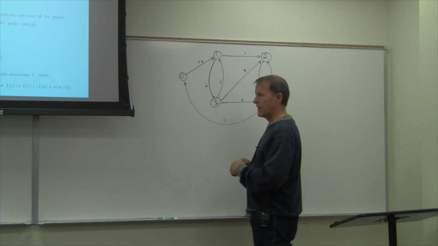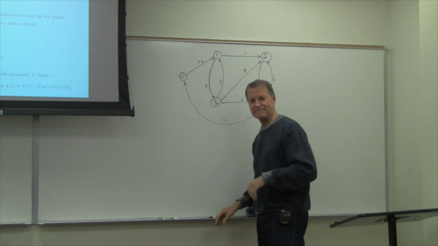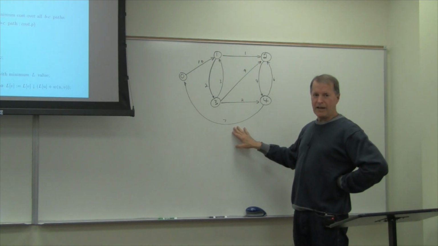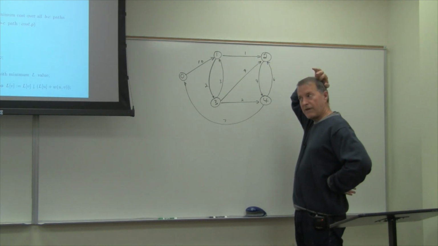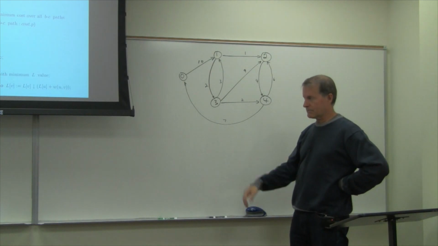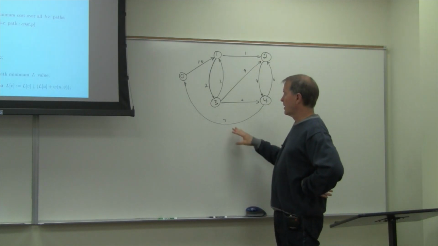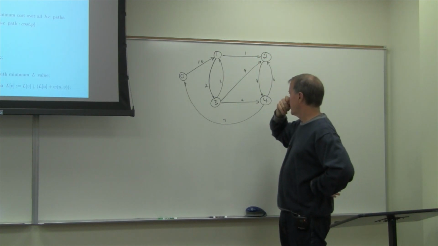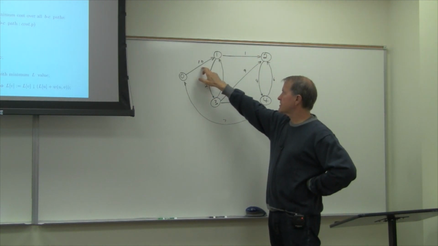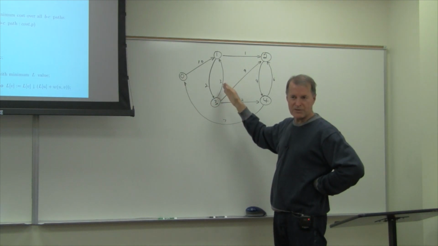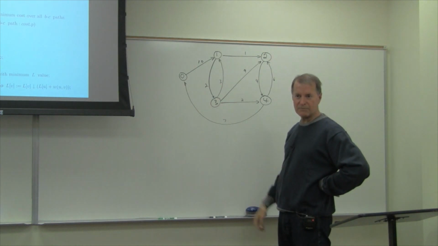Now, let me ask you a question. Here is a graph, and instead of wanting to do a Hamiltonian circuit, we're not going to tackle that problem. What we want to do is called the shortest path problem. What these numbers represent are, let's say these are roads and these represent miles between points on a graph.